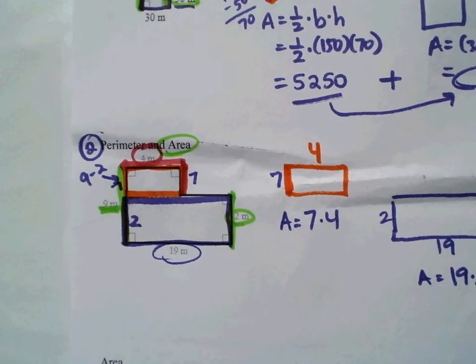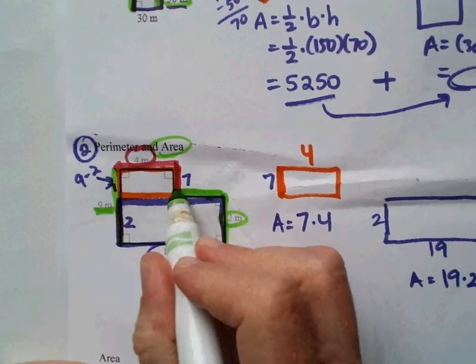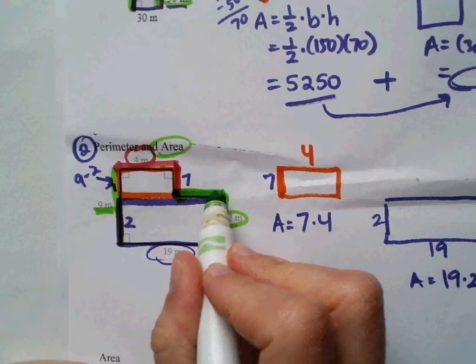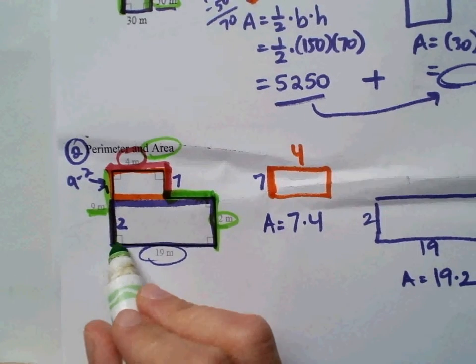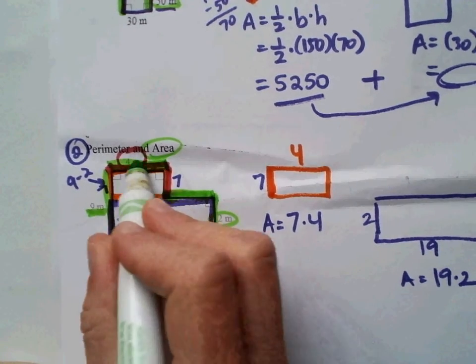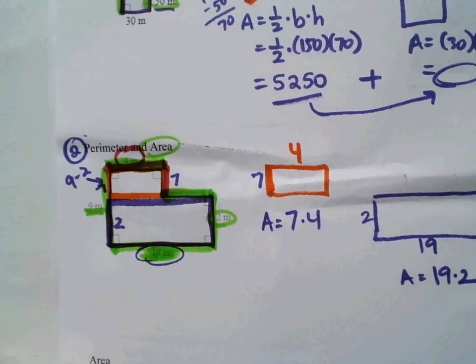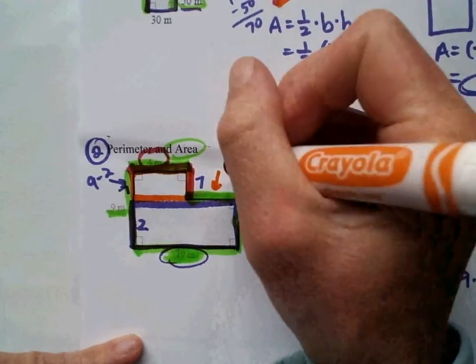Now, let's look at this side at the top. From here to here, you're looking for sides that go sideways. The numbers that go sideways are this 19, and the other number that goes sideways is the 4. So how are you going to get this piece right here?